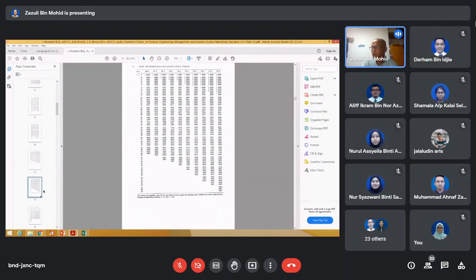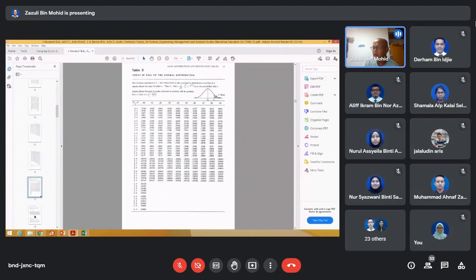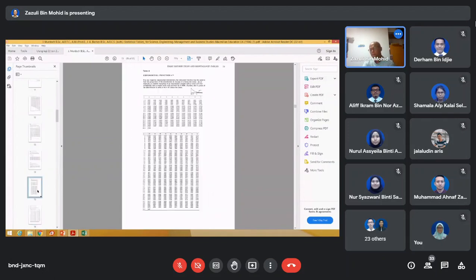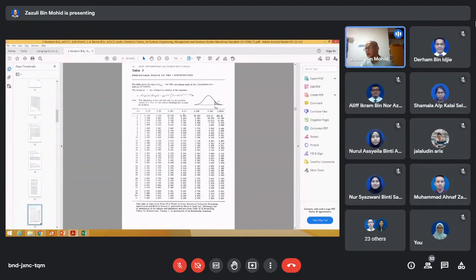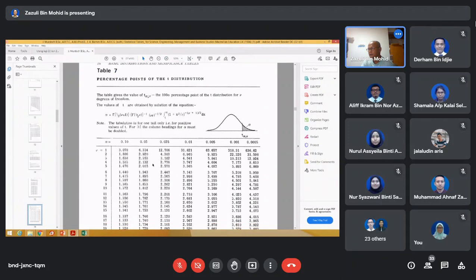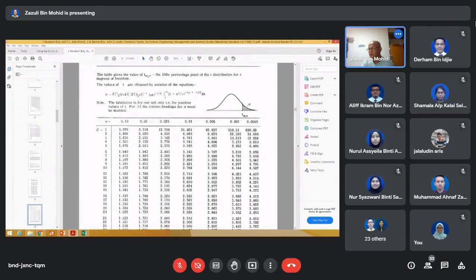You look at table number 7, this one, 0.05, 10. So this is the value, 0.05, degree of freedom is 10.